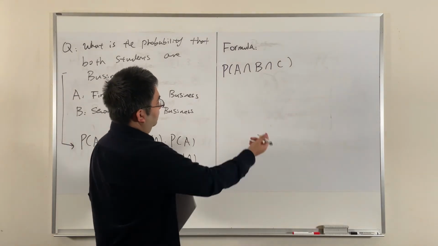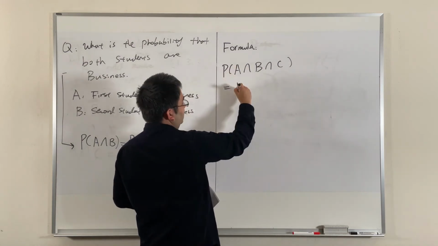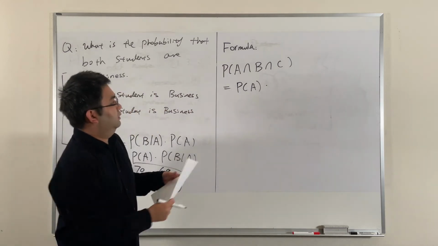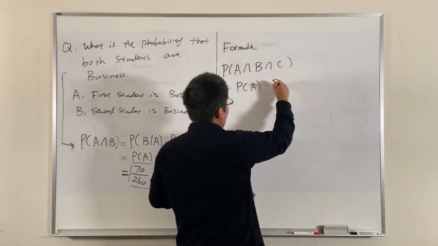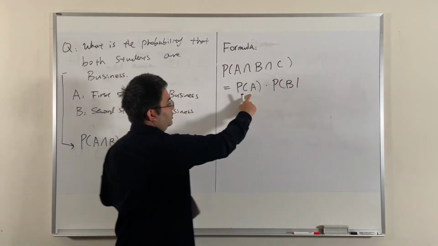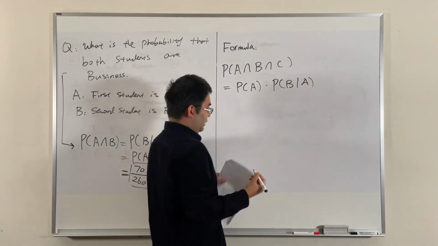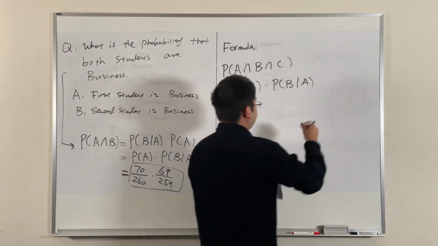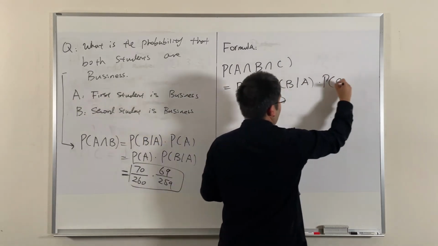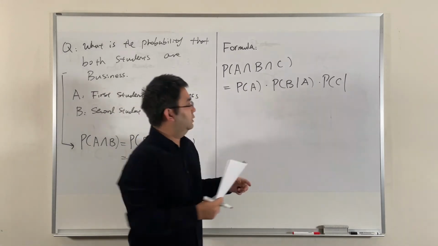So what I'm going to do is pick out the first event A, so it equals the probability of A multiplied by the probability of the second event conditional on the first event you write here. Okay, and you're going to multiply by the third event C conditional on the previous 2 events.